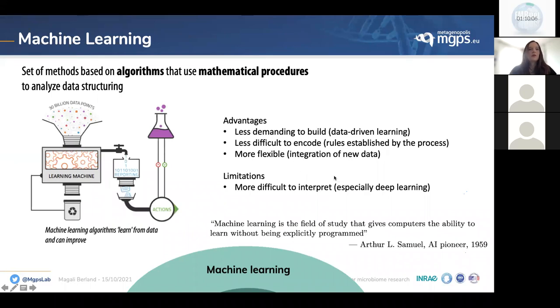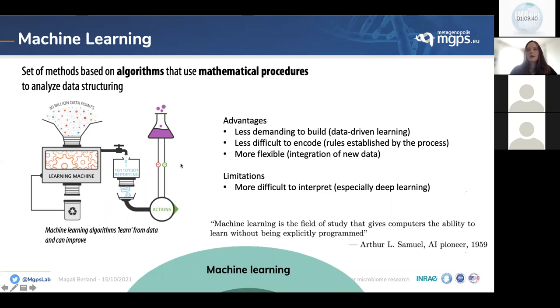After this first system, machine learning was developed. Machine learning is a set of methods based on algorithms that use mathematical procedures to analyze structured data. You provide a ton of data to the algorithm, and the algorithm will, depending on this data, take some decision.